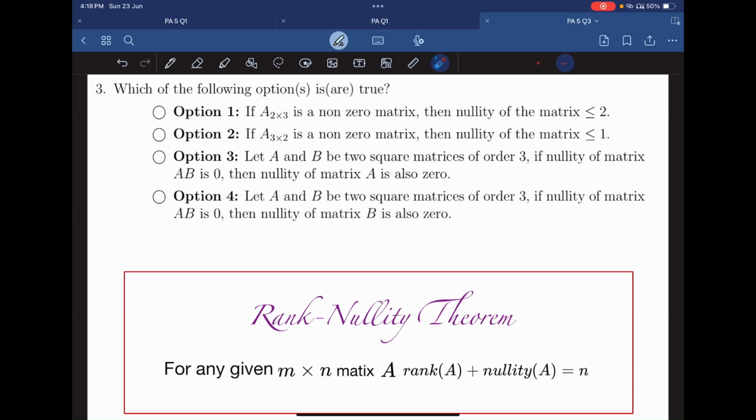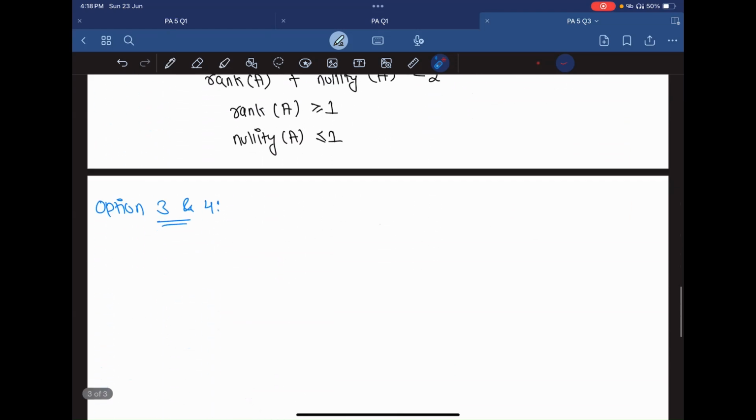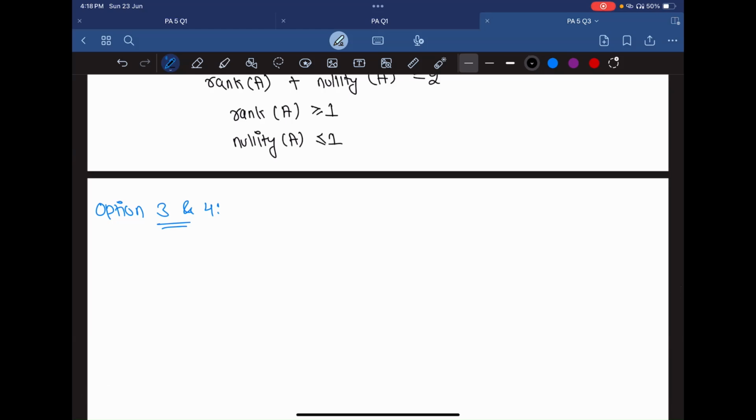If nullity of matrix AB is 0, then nullity of B is also 0. So let's check. We are given that A and B are two matrices of order 3. As they are square matrices, their product would also be a 3 cross 3 matrix.